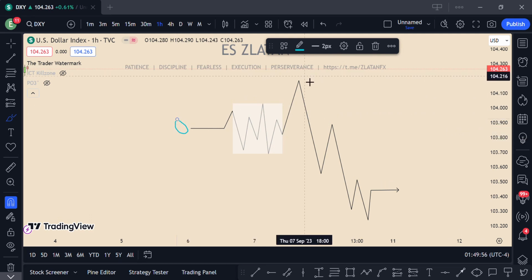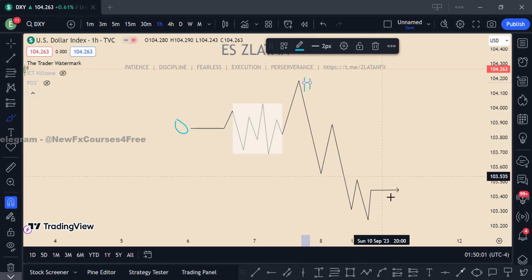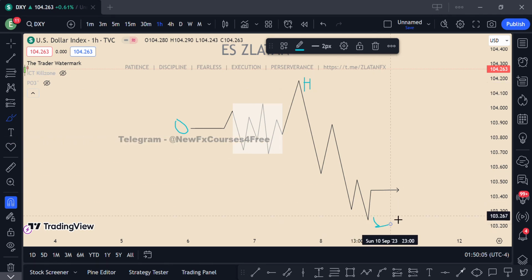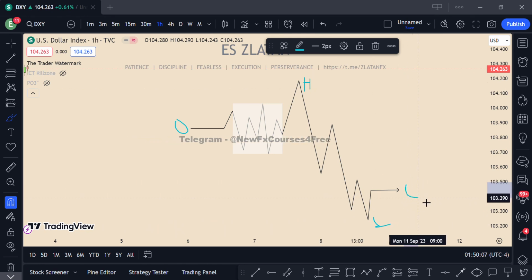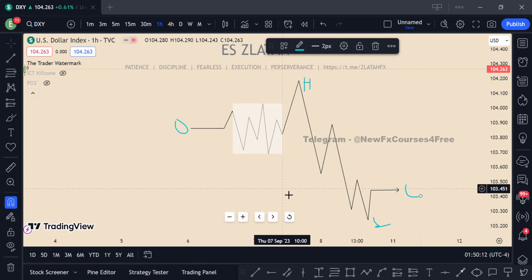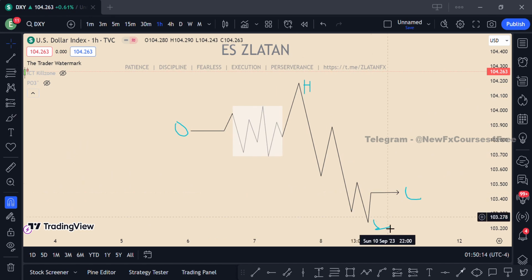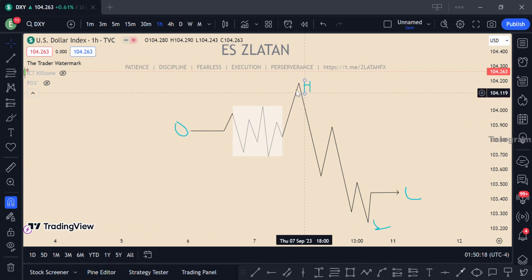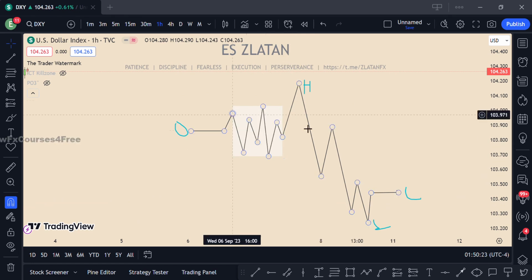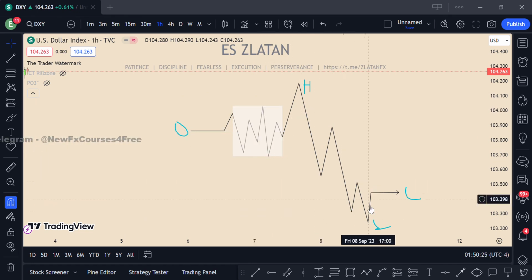This is high. This is low, and this is close. Yeah. So this open, high, low, and close, right? So this is a typical bearish candle. This is the way a bearish candle looks on the lower time frame, right?